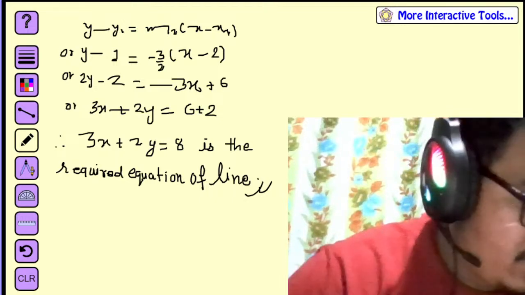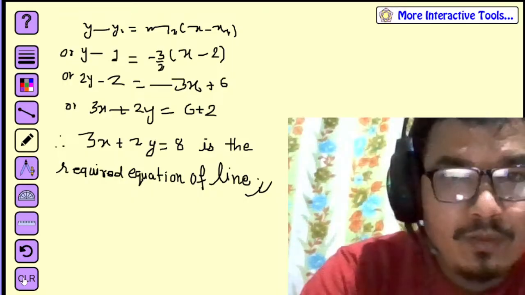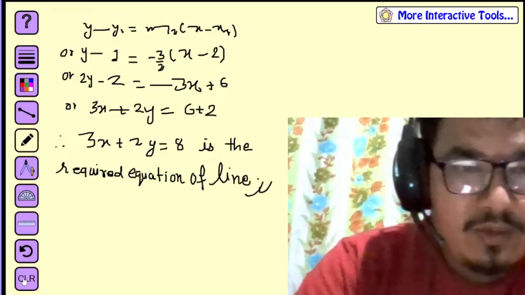Look here, I want to solve one question from this function, which will be very useful.